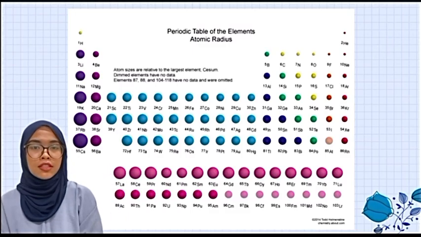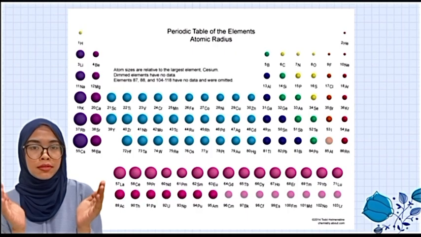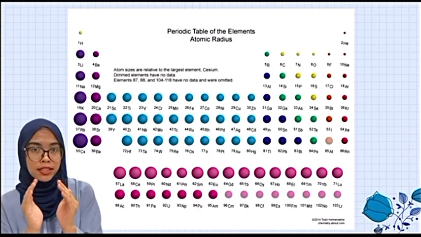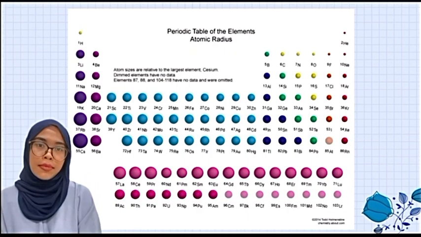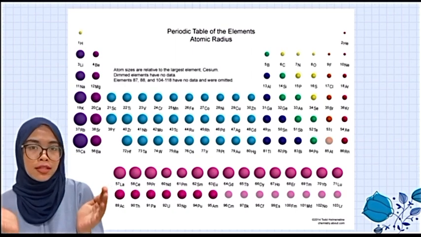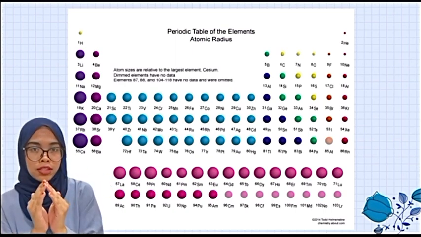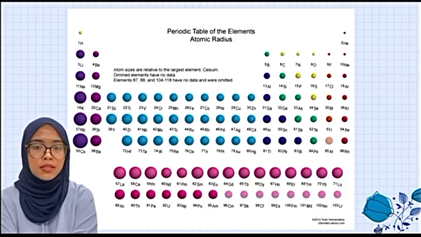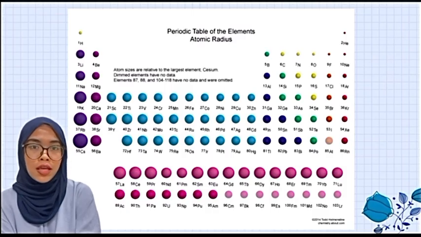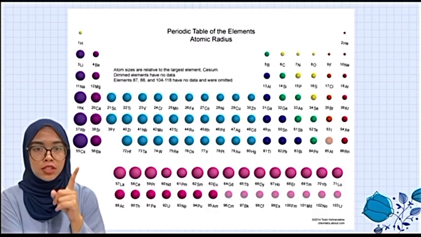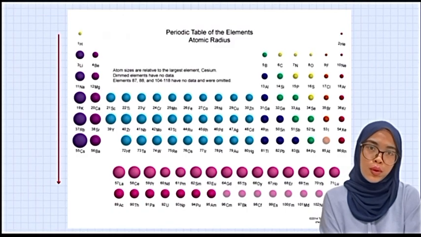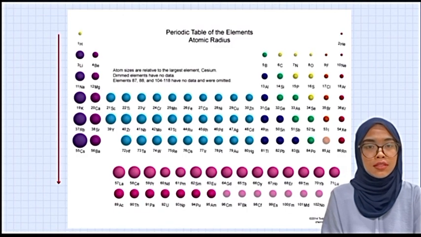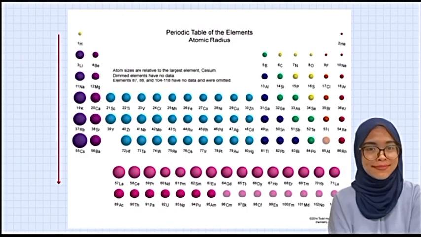For example, sodium has a bigger atomic radius than lithium, but lithium has a bigger atomic radius than hydrogen. This is because hydrogen only has one electron shell. So, atomic radius increases down a group.